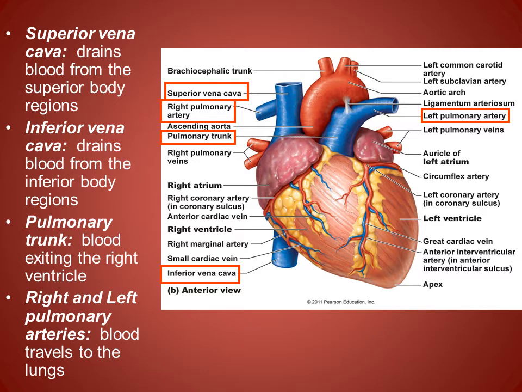This blood has been throughout the body, and it's been returning by the superior vena cava and inferior vena cava, and so it's going to be very low in oxygen, which is why in this picture it's colored as blue, and it's very high in carbon dioxide. So that pulmonary trunk exits from the right ventricle, and it is immediately going to split to the left pulmonary artery going to the left lung and the right pulmonary artery going to the right lung.